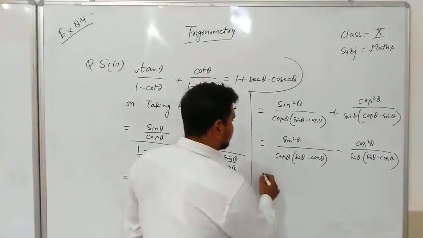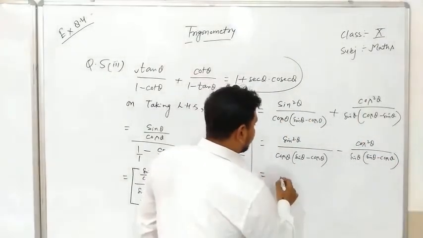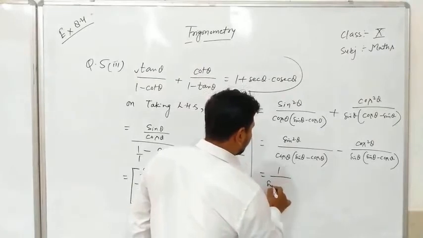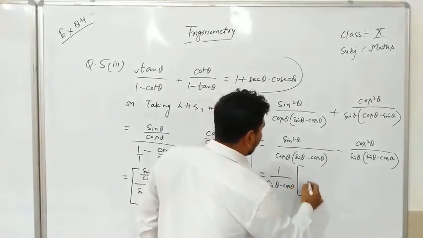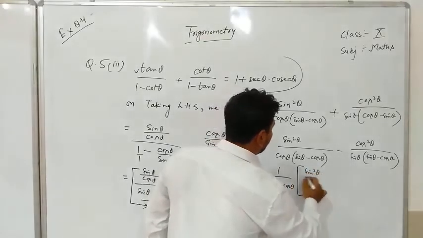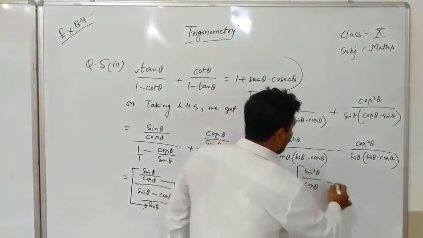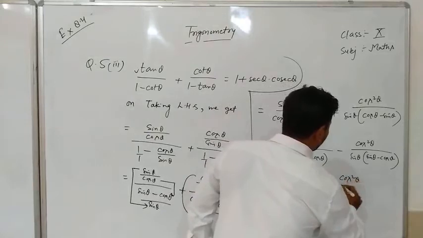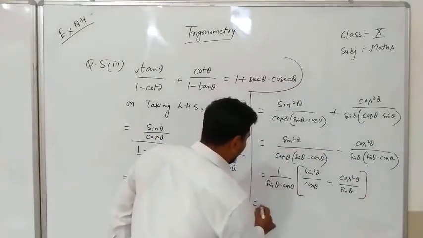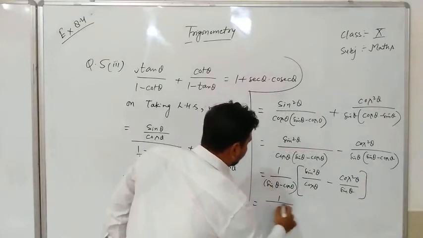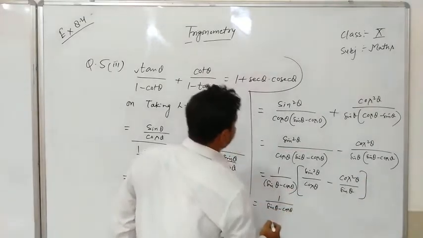Now here 1 upon sin theta minus cos theta is common. So here it will be sin square theta upon cos theta minus cos square theta upon sin theta, after it all, 1 upon sin theta minus cos theta.